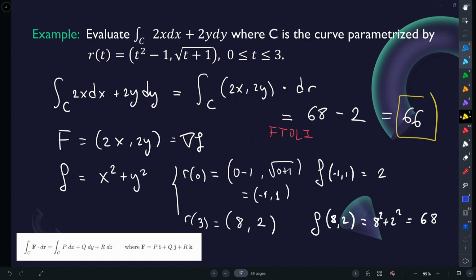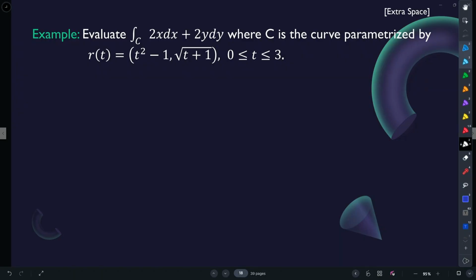Let me show you how, if you didn't have that guess that the potential is x squared plus y squared, if you blanked, how do we figure that out? We would figure it out like we did before.